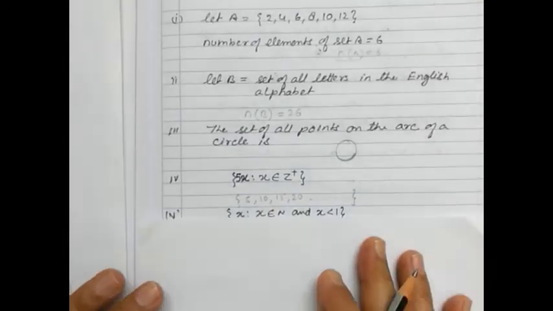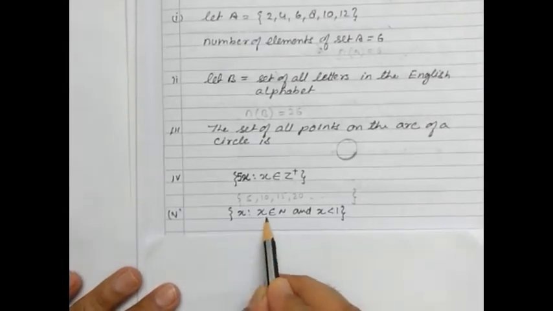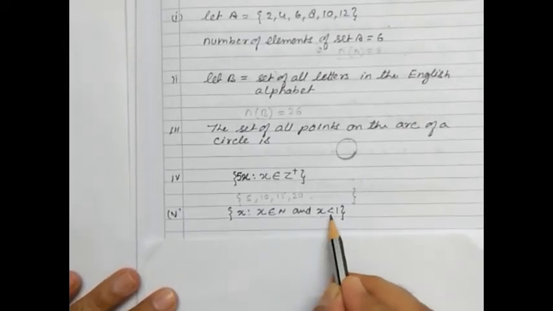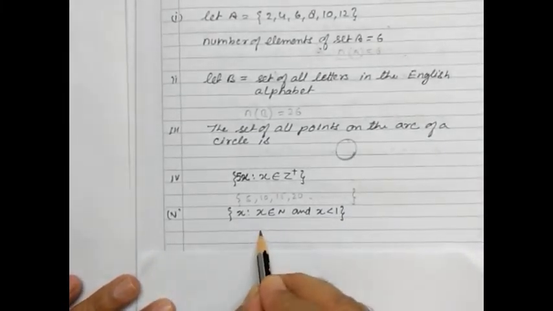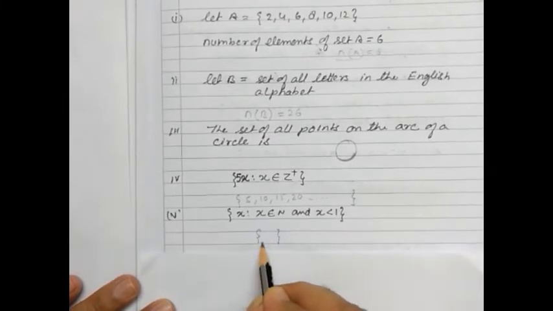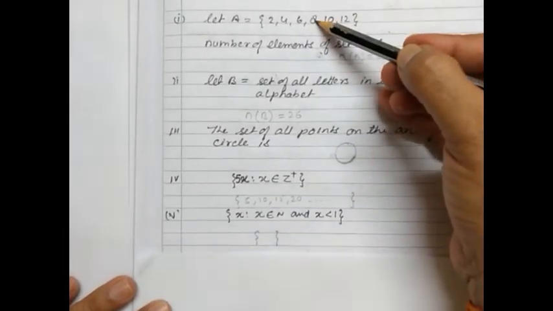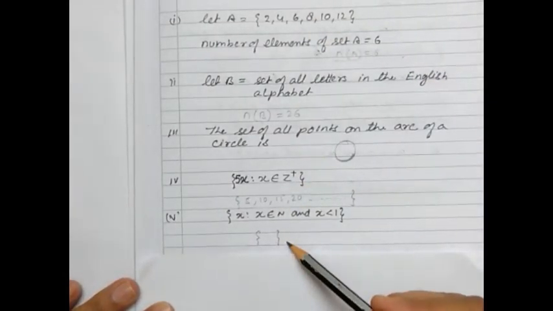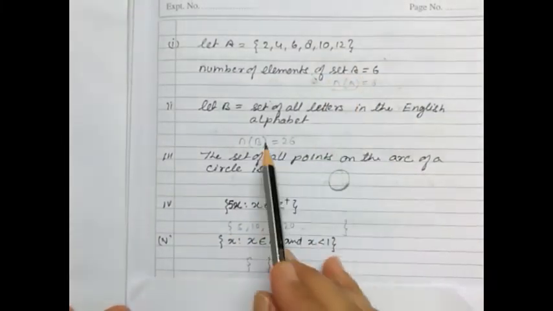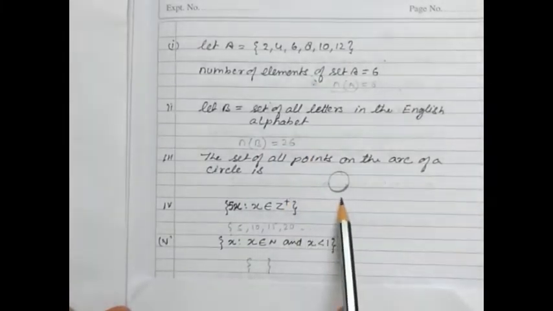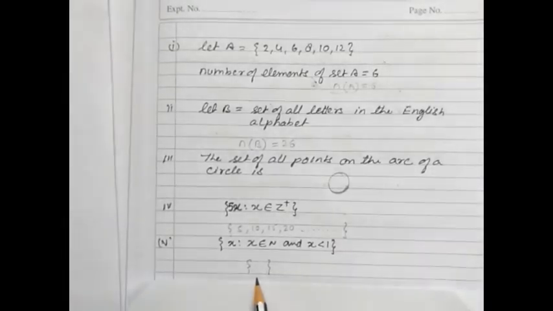Now here we say another one, x is such that x belongs to natural number and x is less than 1. When we try to write down any element, we don't get any element in this. So from the first statement to the fifth statement, what we have analyzed: here we can count it, here we cannot count it, here also we cannot count it, and here we can count it.